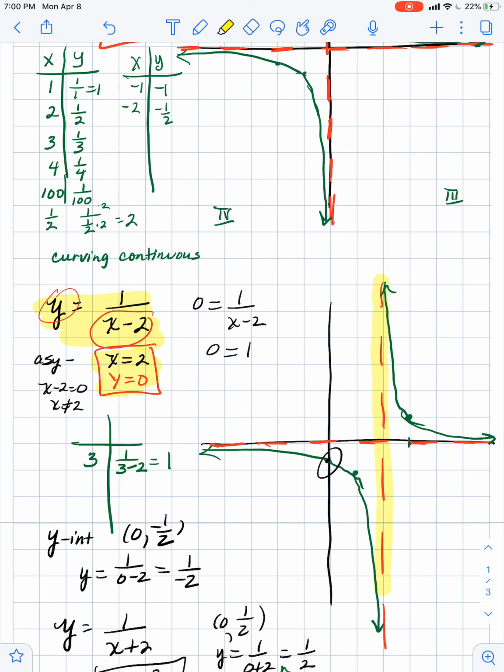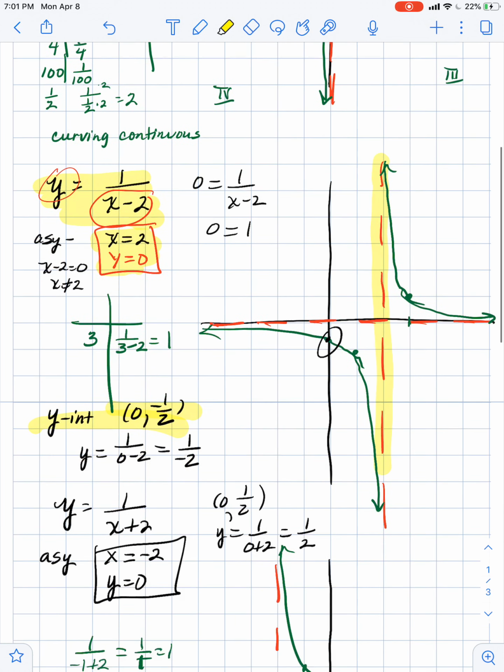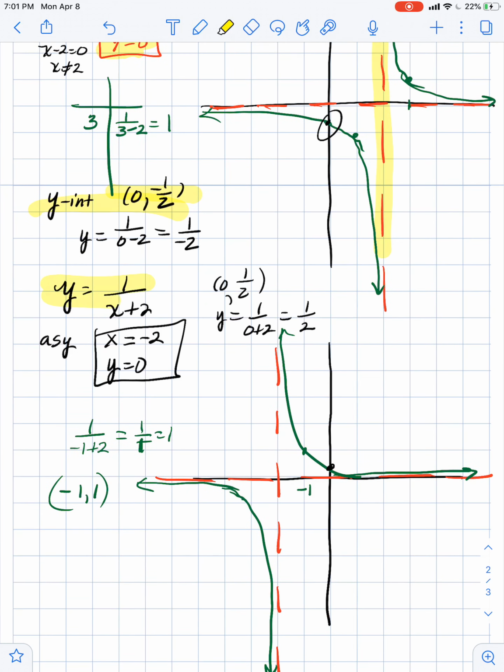That's all I did. And we can find our y-intercept. When I have y equals 1 over x plus 2, now it shifted it to the left. And again, it changed our asymptotes and our y-intercept. Now, what's going to move it up or down?